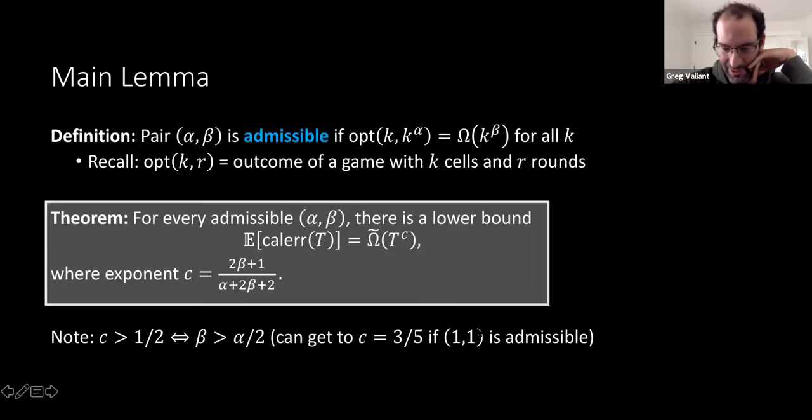And we still don't know whether this 1, 1 is admissible or not. So conceivably, working with this sidestepping game, you could get a calibration error lower bound of T to the 3/5. Not quite all the way up to T to the 2/3, which is the known upper bound, but certainly better than what we can do.